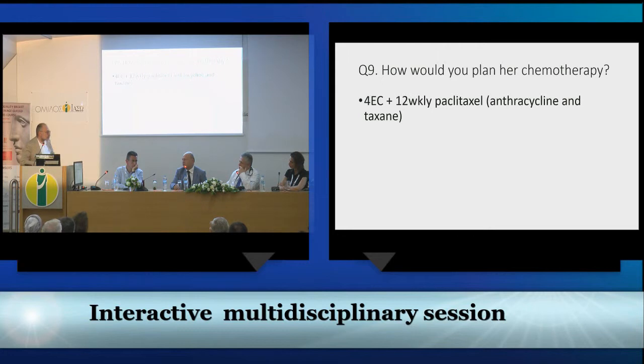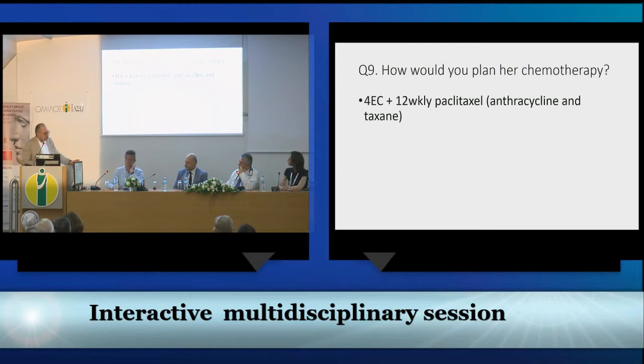And in cases like that, if you do a sentinel lymph node biopsy before neoadjuvant therapy, then you undermine the success rate of sentinel lymph node biopsy after neoadjuvant therapy. So it's a pity that it wasn't done to begin with. Yeah, she had a terrible start, but after that things got better.